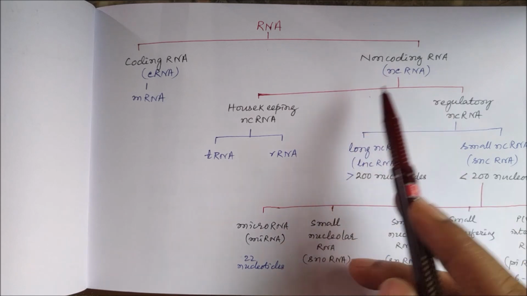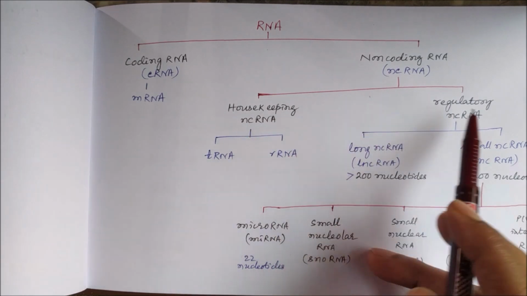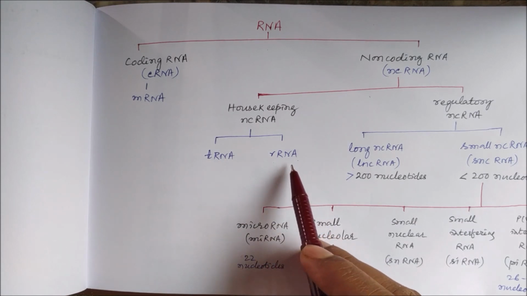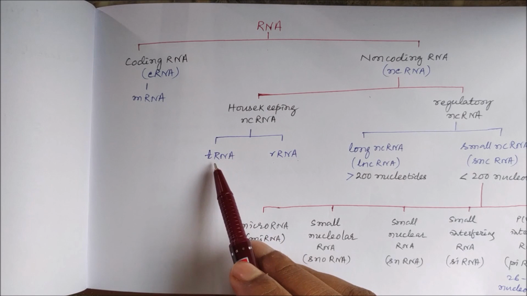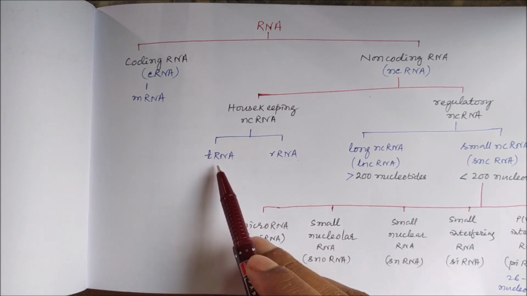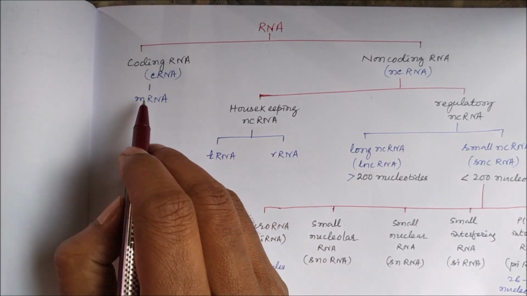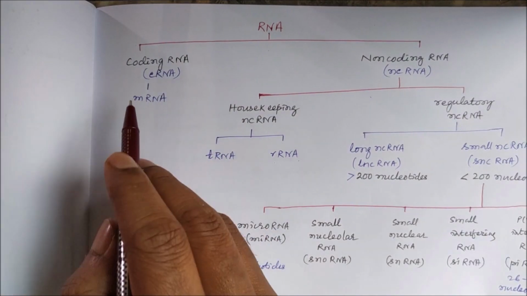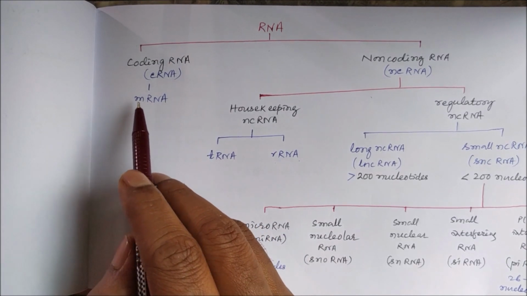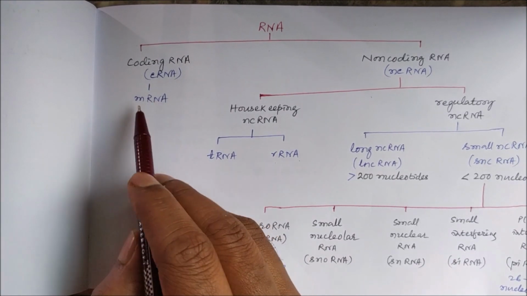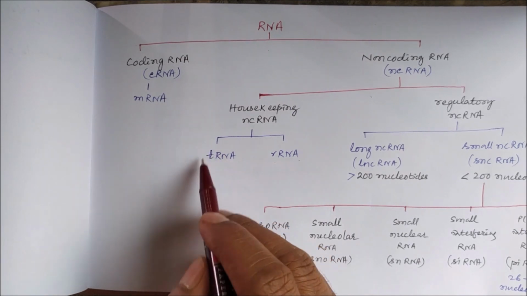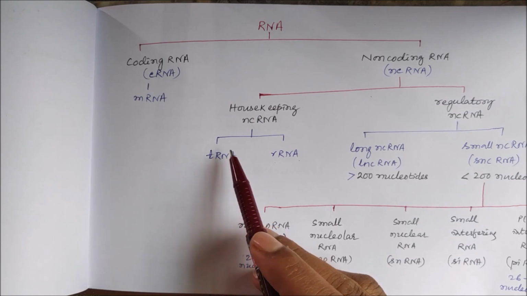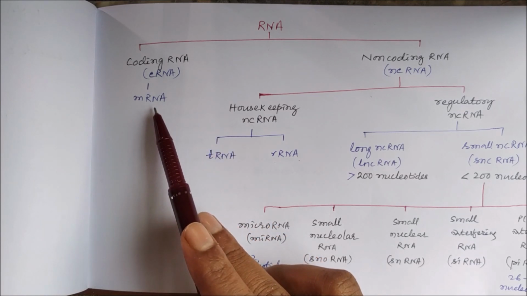And these non-coding RNA can be divided into housekeeping and regulatory. And we know the transfer RNA and the ribosomal RNA are also involved in protein synthesis. Transfer RNA helps in translation. After the transcription, which is the process in which DNA is converted to messenger RNA, then based on the codes available with messenger RNA, the amino acids are provided by the transfer RNA because transfer RNA has the anticodon, which will recognize the codon of messenger RNA.